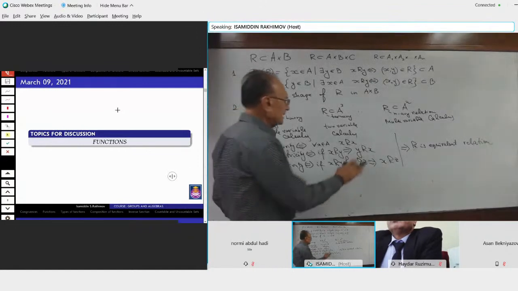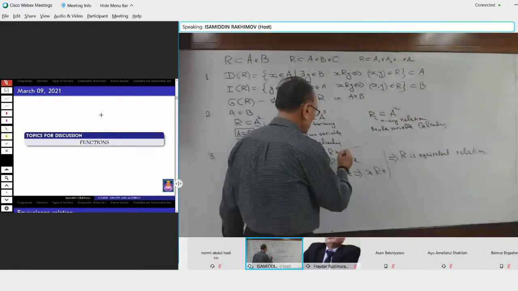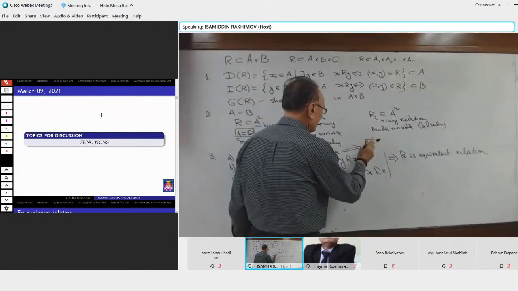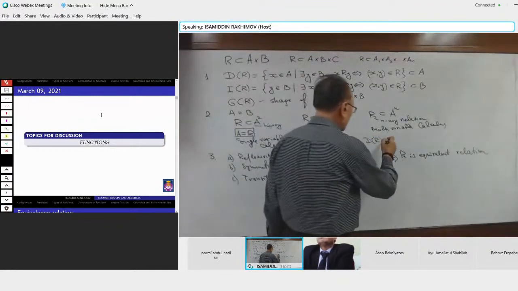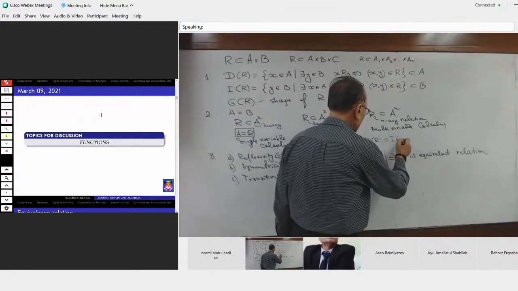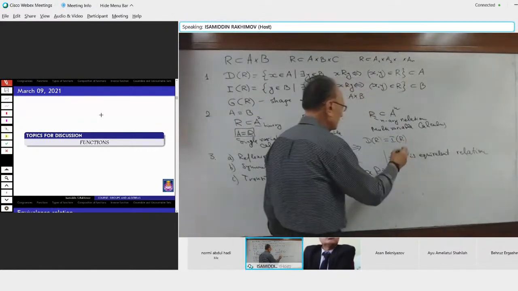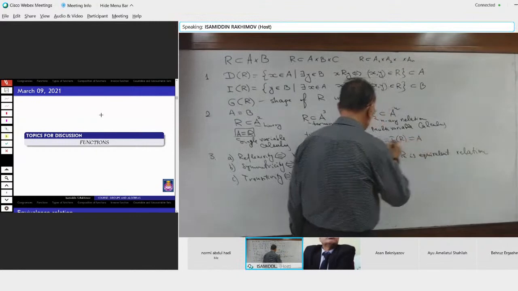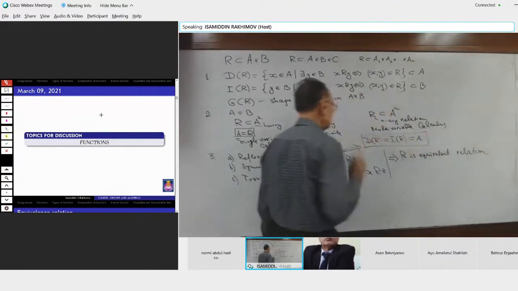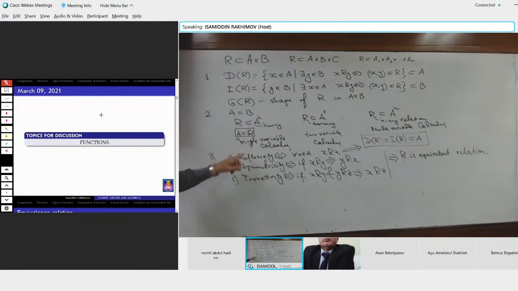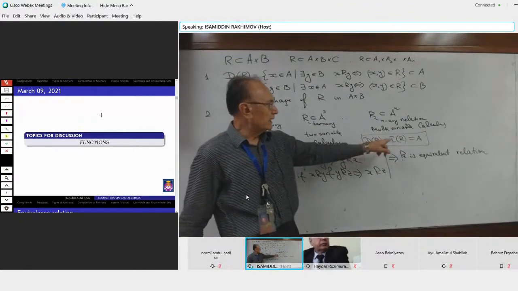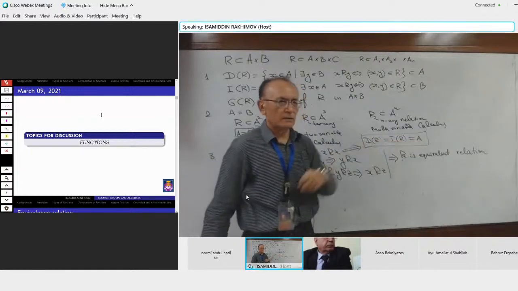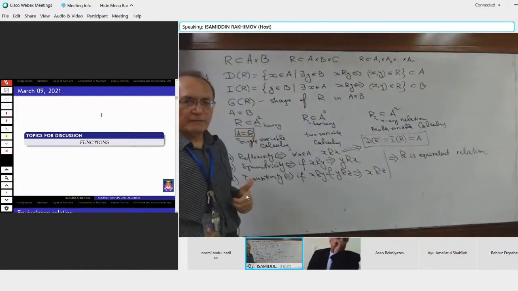The first property guarantees that the domain of your relation and the image, also the range of your relation R, is A. If you have a relation having reflexivity, then its domain and range is that set A itself.